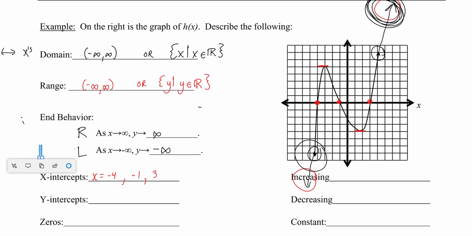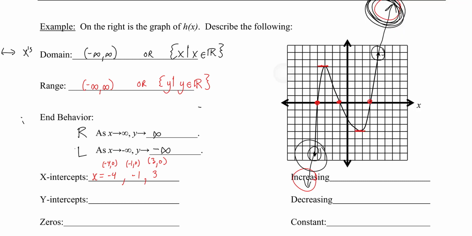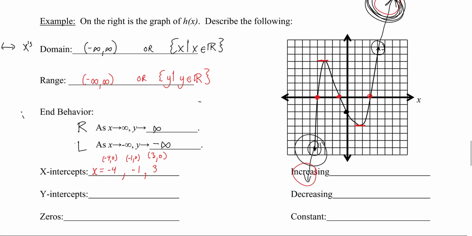We could write these as ordered pairs as well. It's not necessarily wrong. And then y-intercepts, where it crosses the y-axis. Looks like it just crosses the y-axis one time right here. We'll just estimate that's at about (0, -2).